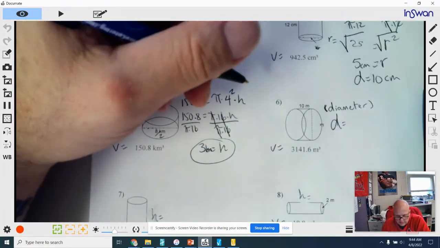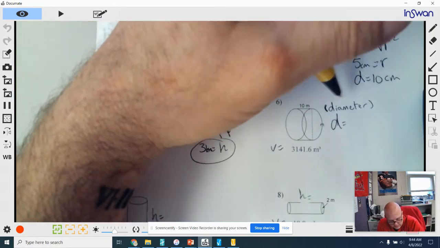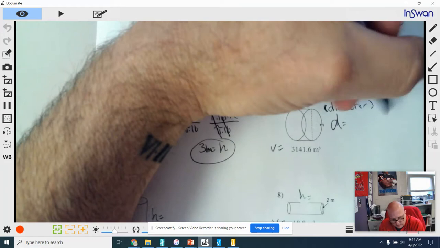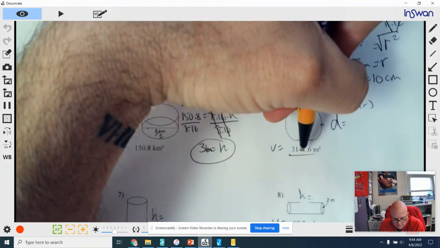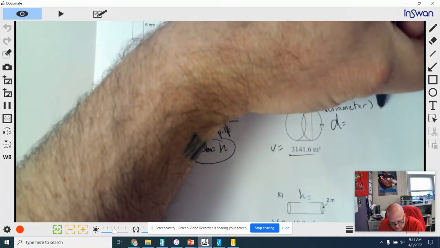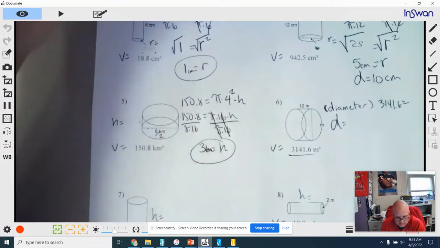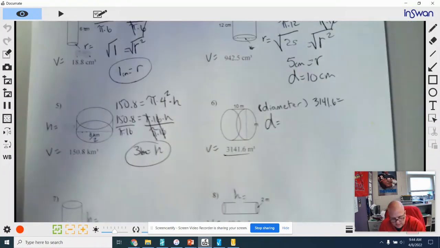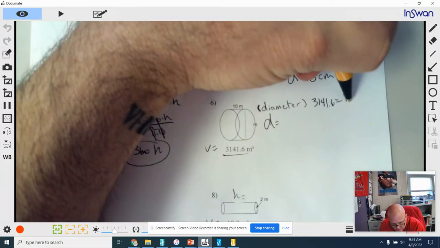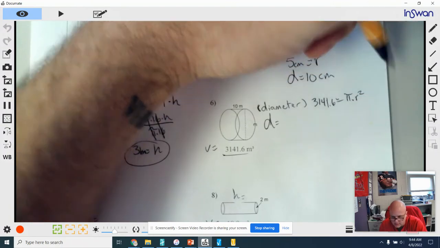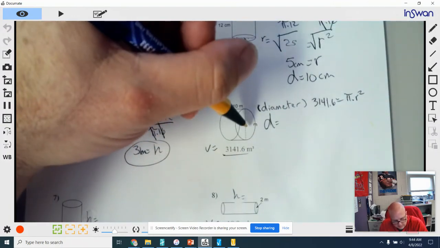All right, one more together. Number 6. Notice this time they're asking to find the diameter. So I'm going to start off the same thing. Take that volume, 3,141.6 equals pi times radius squared, because we don't know what the radius is right here.